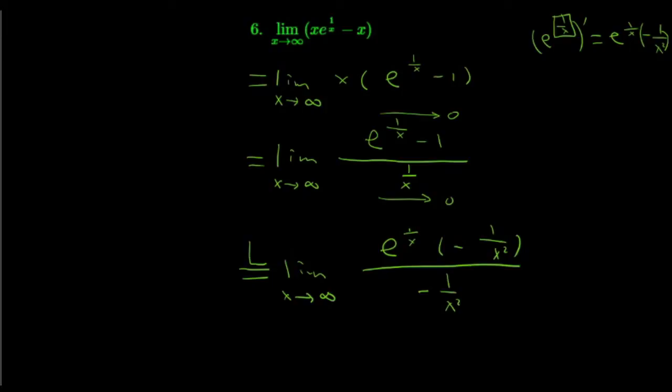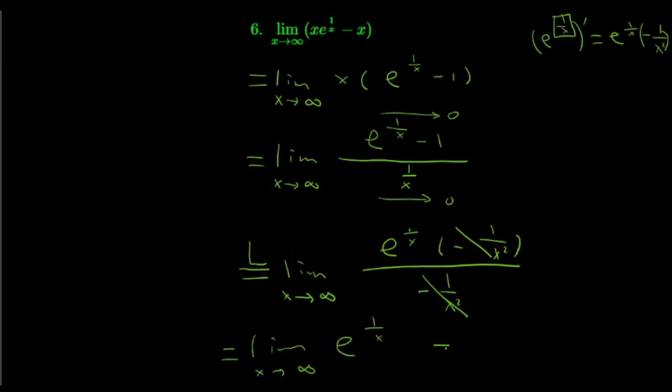Approaches infinity means x gets larger and larger. In any case, that factor is not equal to 0. That's why we can cancel out a non-zero factor. So we end up with the limit as x approaches infinity of e to the power of 1 over x.